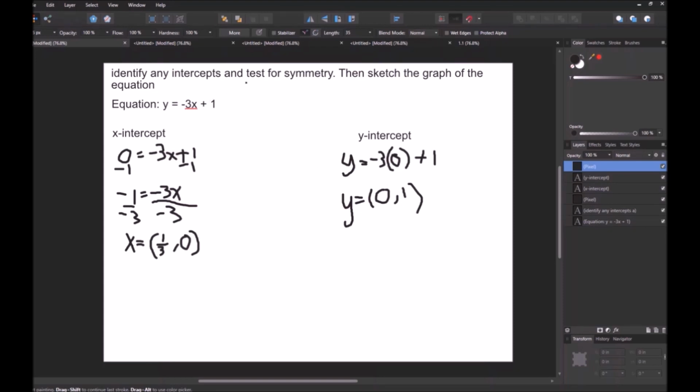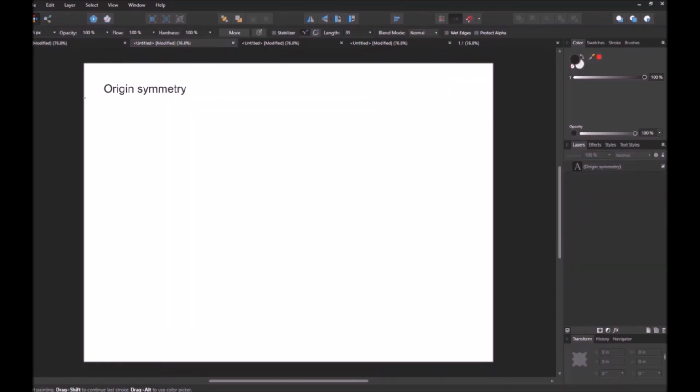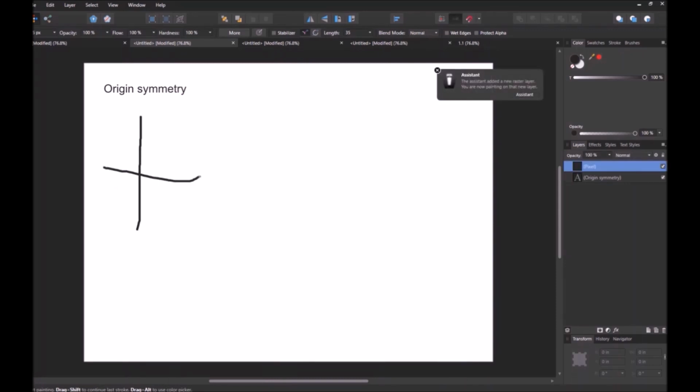Now we move on to testing for symmetry. For origin symmetry, if you recall, it looks like a cubic function, like this, for example. It means if we have a point x comma y here, we also have the point negative x comma negative y also on the graph.